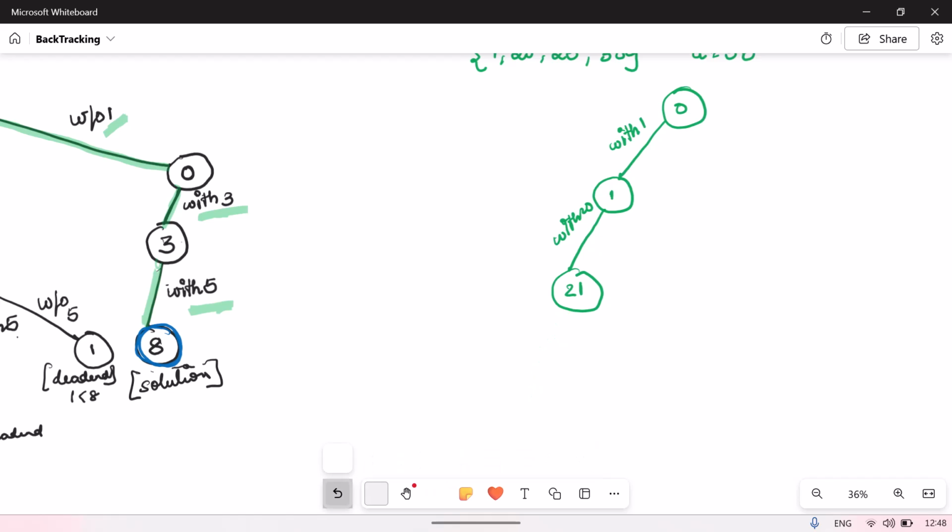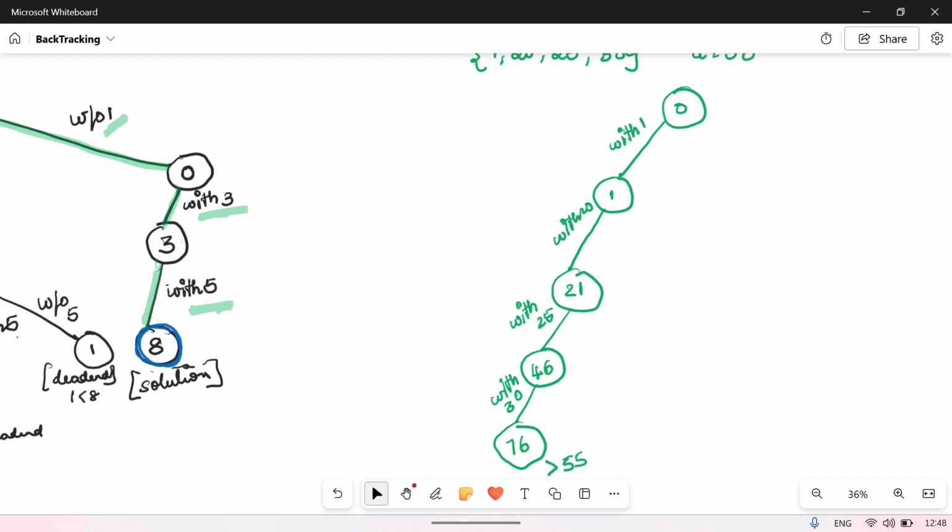Next, with 25, I'm getting the value as 46. I'm supposed to get 55, right? 46, okay. So with the next element 30, so 76, which is greater than my expected value.